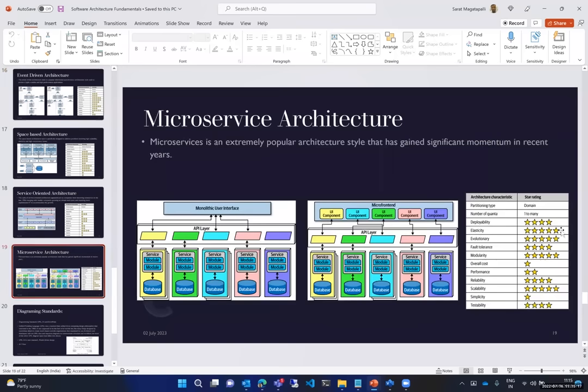Elasticity has been well supported in microservice architecture, right? Because of that, I have gone with this, right? And it's also costly, but my business is saying that, hey, I'm okay to fund you, right? So that's the reason I have chosen this approach.